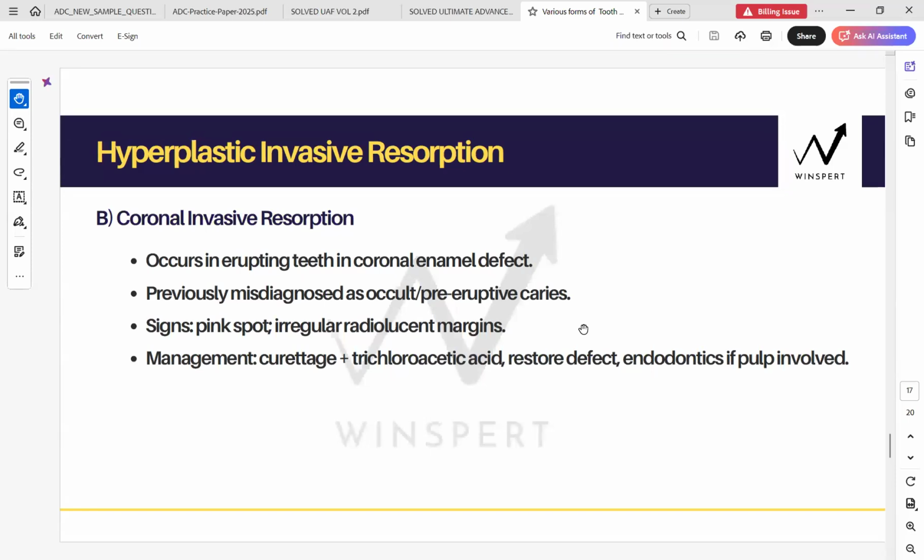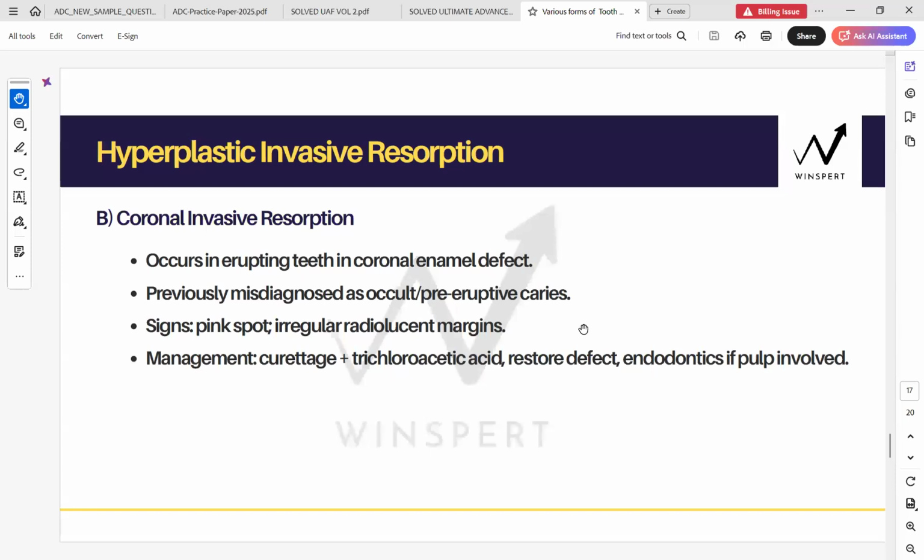Management here is also curettage to remove this granulation tissue, make it inactive, stop the resorptive effect, and then provide the restoration. If the pulp is involved, endodontic treatment automatically becomes needed. Understood or not?